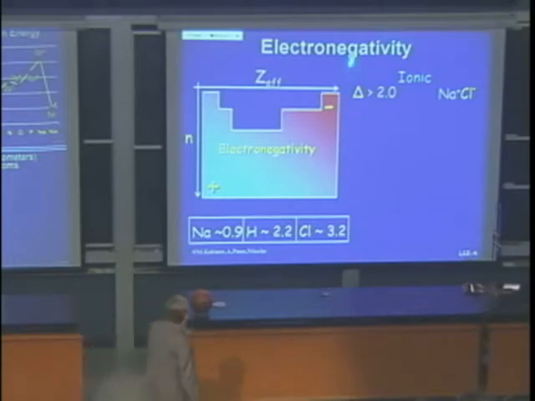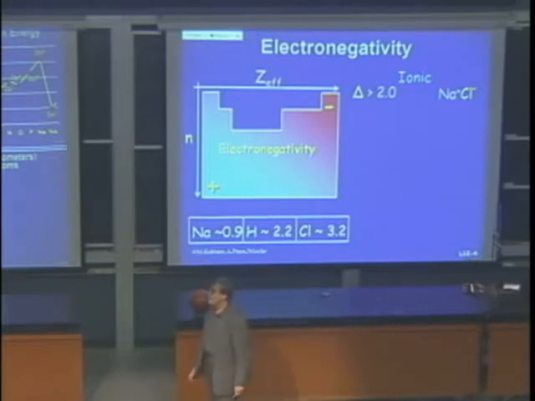If that delta is larger than about 2, you have an ionic bond. That means that chlorine has taken that electron from the sodium, and the chlorine has become negative and the sodium is positive. Then you have Coulombic interaction, charge interaction, that forms that bond, okay?